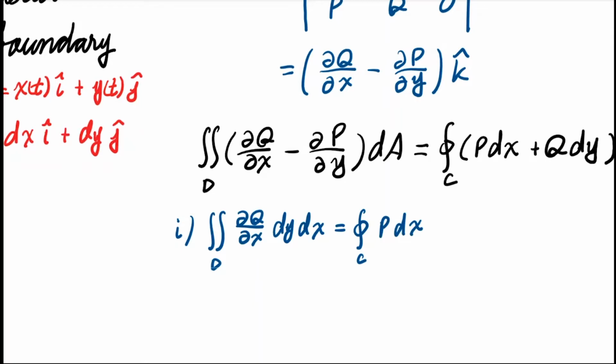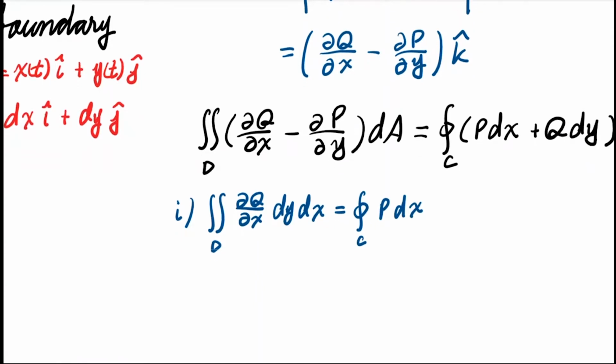And then statement 2. Oh, whoa, I screwed up. This thing is Q. Q dy, right? See, I'm taking Q separately and P separately.